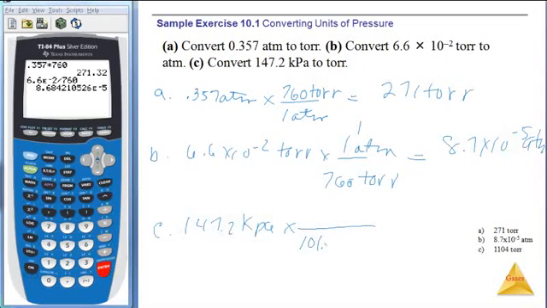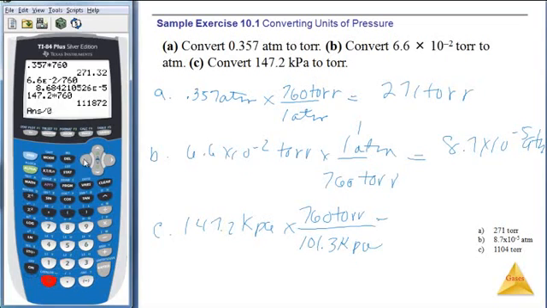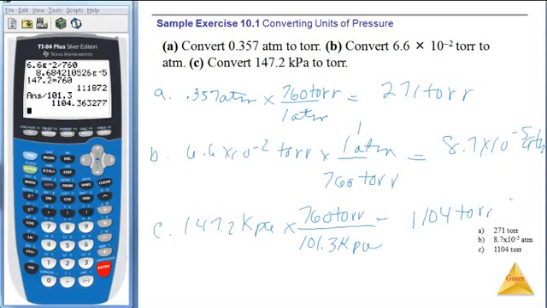What I know is 101.3 kPa is 760 torr, and if I calculate that, 147.2 times 760 divided by 101.3, and I get, 4 sig figs, 1104 torr.